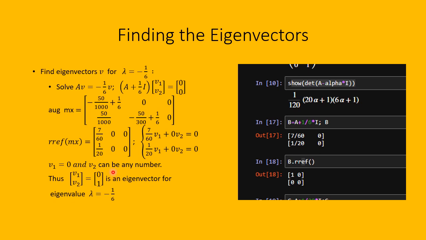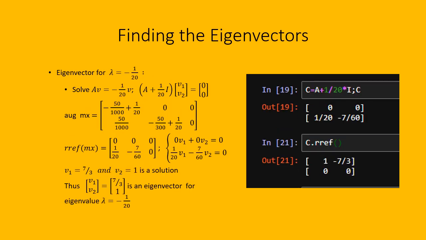What about the other eigenvalue? To find an eigenvector corresponding to lambda equals minus 1/20th, we'll do the same sorts of steps that we just performed. So we want A times that eigenvector to be minus 1/20th times that eigenvector, and that tells us that A plus 1/20th times the identity matrix applied to that eigenvector is 0, 0.